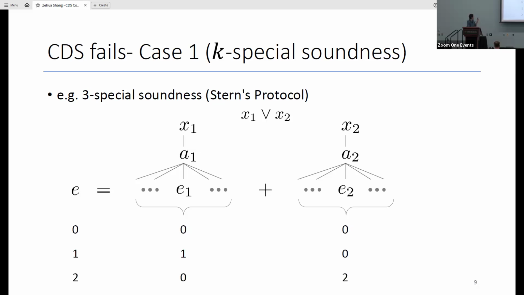For example, when the verifier sends 0, the prover will answer with 0, 0; sending 1, answer with 1, 0; and sending 2, answer with 0, 2. And it turns out that the extraction will fail because the extractor does not collect enough challenges. Okay, so both will fail.